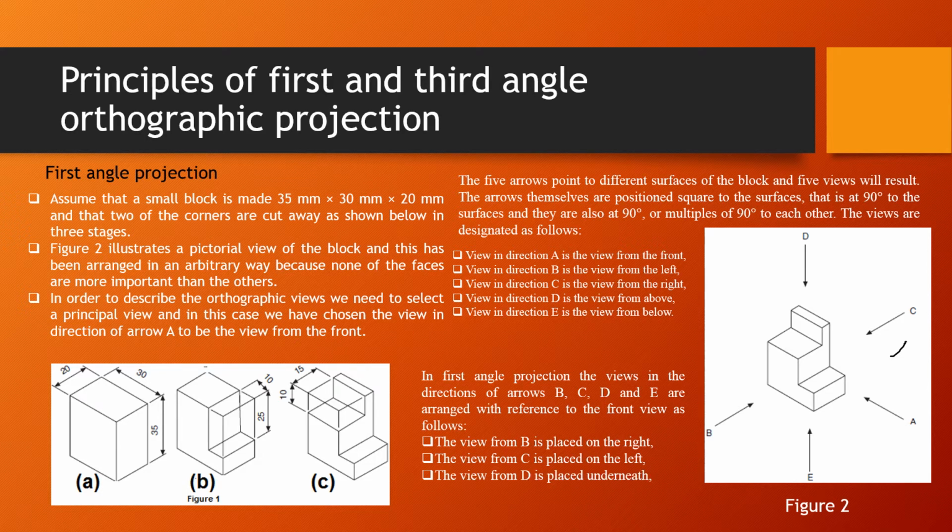The D view we are placing beneath, below the front view. The view from E is placed above. This is the below E direction. The E view we are placing above the front view.